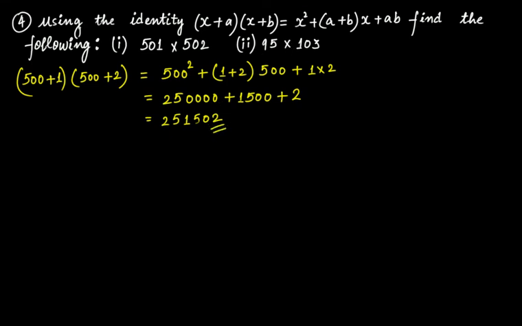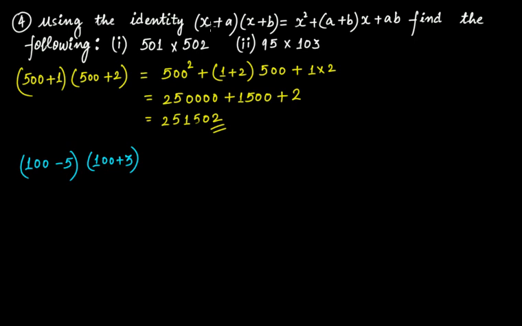Now if you look at this one, this is 95 multiplied by 103, right? So 95 multiplied by 103 means that we can write 95 as 100 minus 5, and this can be written as 100 plus 3. Now you would be thinking that, hey, here you have 100 minus 5 and 100 plus 3.